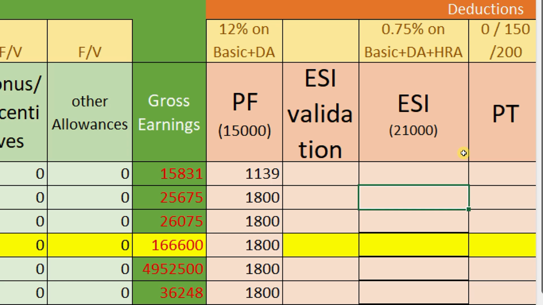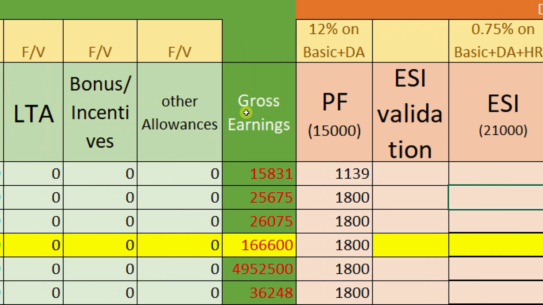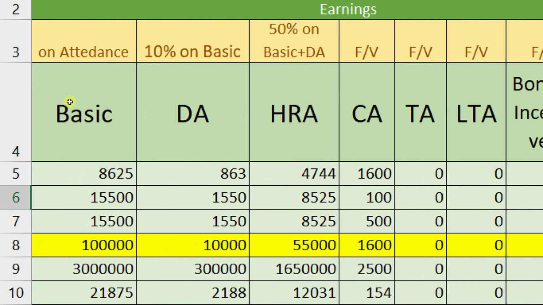But who are eligible? Employees' gross wages. For PF, wages are basic plus DA. For ESI, gross wages. I'm not talking about gross earnings. Gross wages means basic plus DA plus HRA. Wages are what? Basic plus DA. Gross wages what?